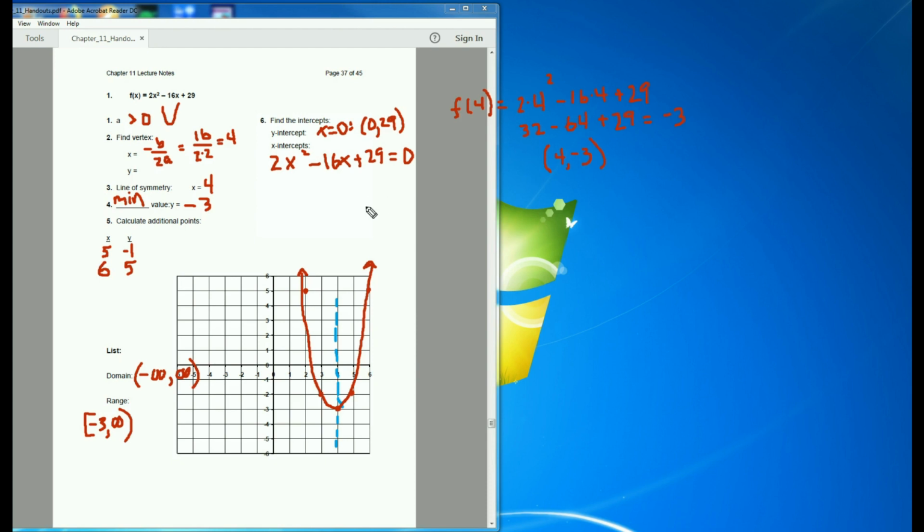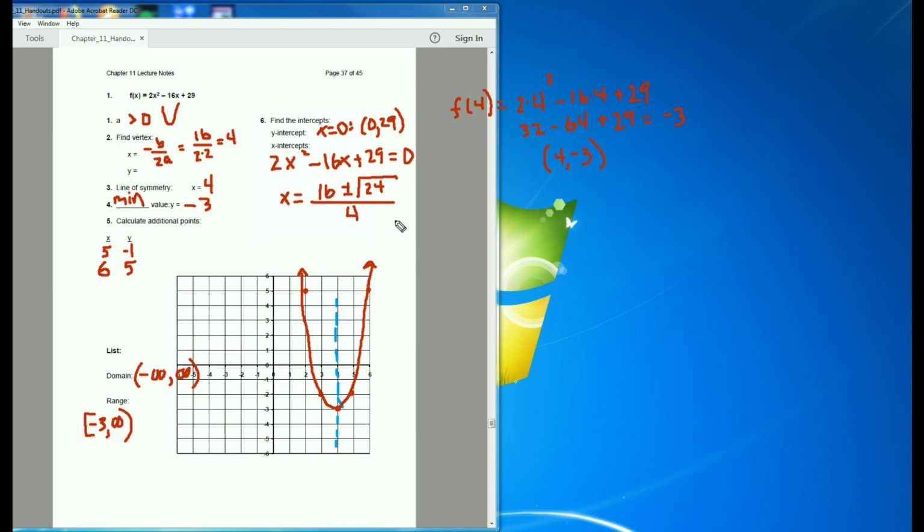I'm not going to do all the steps. You should get to a point where you have x equals 16 plus or minus the square root of 24 divided by 4.